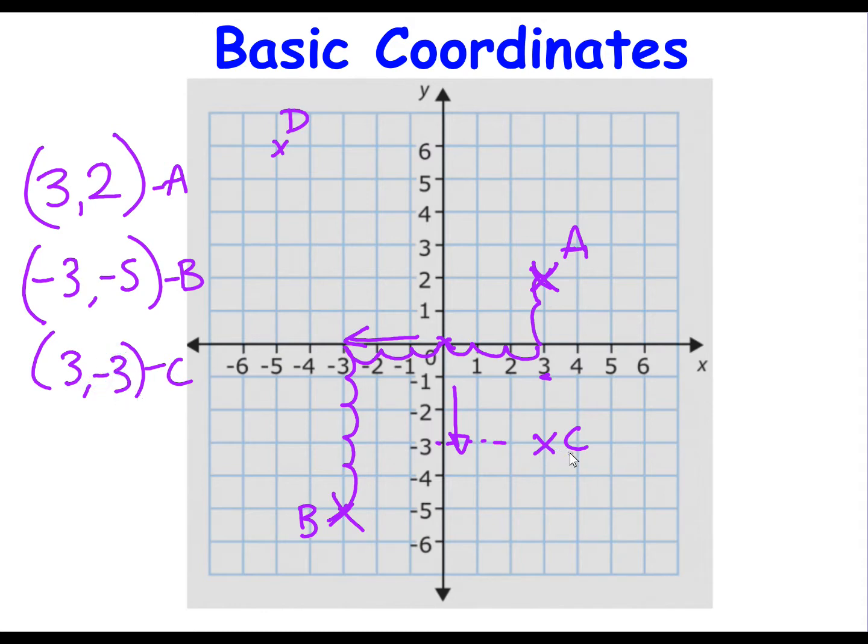So the coordinates of point C are 3, -3. For point D, you go 1, 2, 3, 4, 5 in the negative direction, and then 1, 2, 3, 4, 5, 6 in the positive direction. So the coordinates for point D are -5, 6.